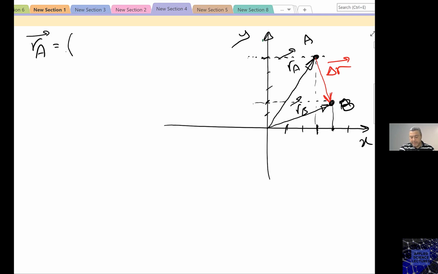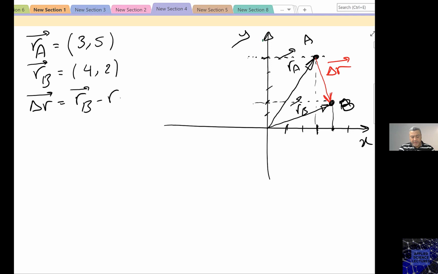Okay, so what is RA? 4 and 2. Oh, sorry, 3 and 5. What is RB? It's 4 and 2. What is delta R? 1 and -3. RB minus RA, again, based on the understanding of the subtraction of two vectors, we said that we subtract their coordinates.